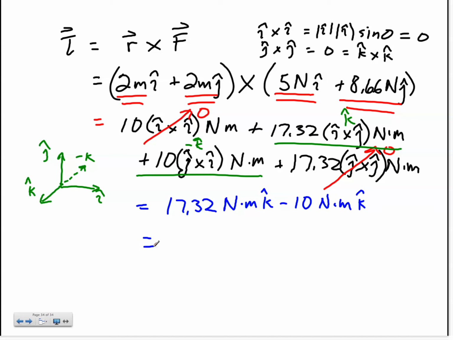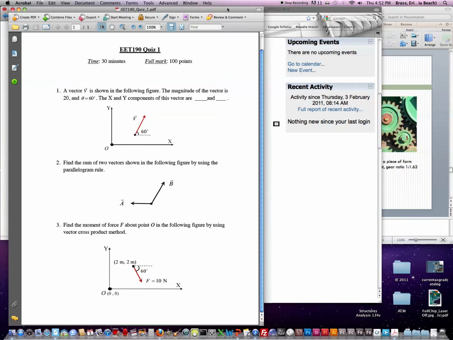So that means our torque is what? 7.32 newton meters K, in the direction of K. Very good. Yes. So that was quiz number 1 from Unit 1.